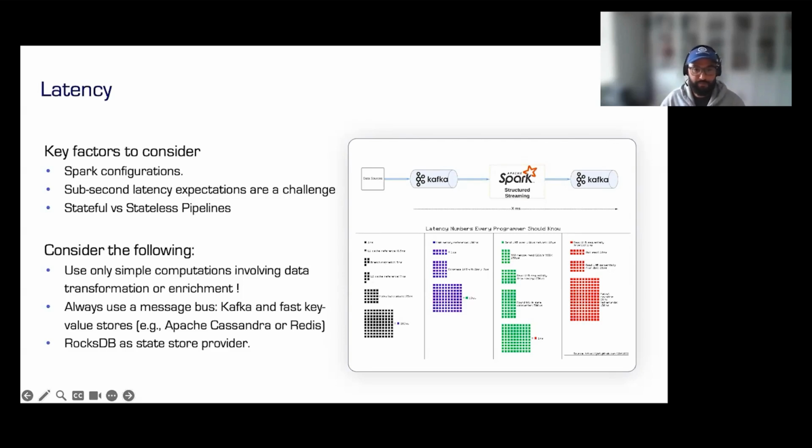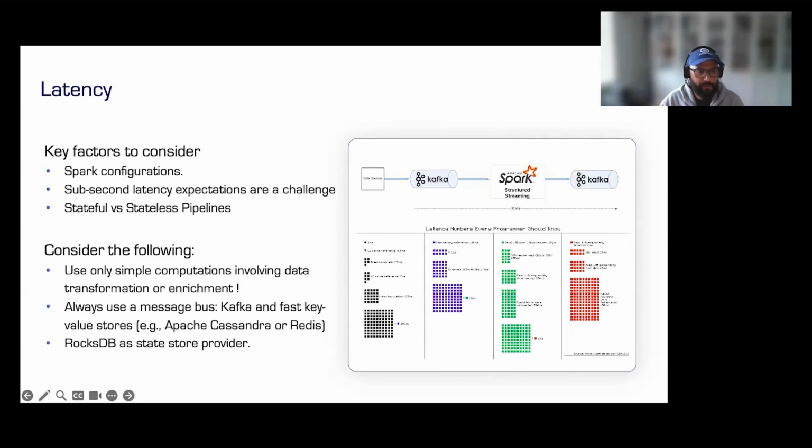Always use a message bus. In this case, the pattern that really helped a lot is Kafka, Spark Structured Streaming, Kafka. You may ask yourself, are we adding complexity? No, it helps us in some cases to reduce it. Again, this is something that should be explored for each use case, but it really helped a lot to simplify the whole platform design and the code we deployed on the platform.